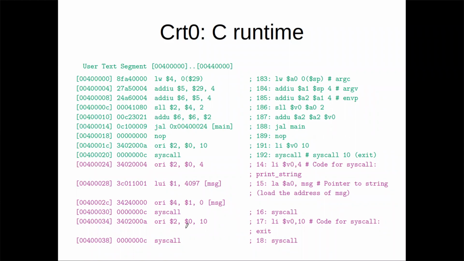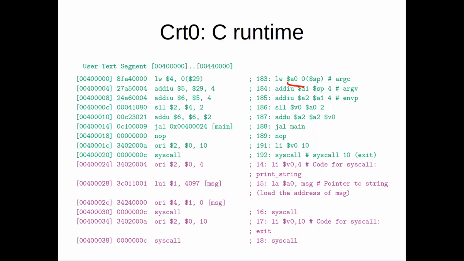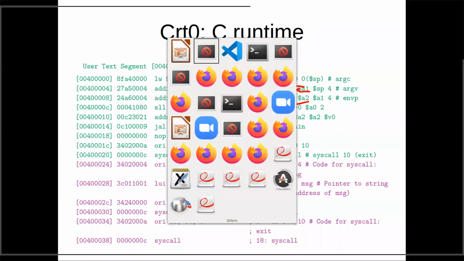And remember the calling convention, main expects that it will have 3 arguments in registers A0, A1, and A2, right? Right now, the operating system creates those arguments on the stack, because you can place them somewhere in memory, but a logical and natural convention is to place them on a stack.